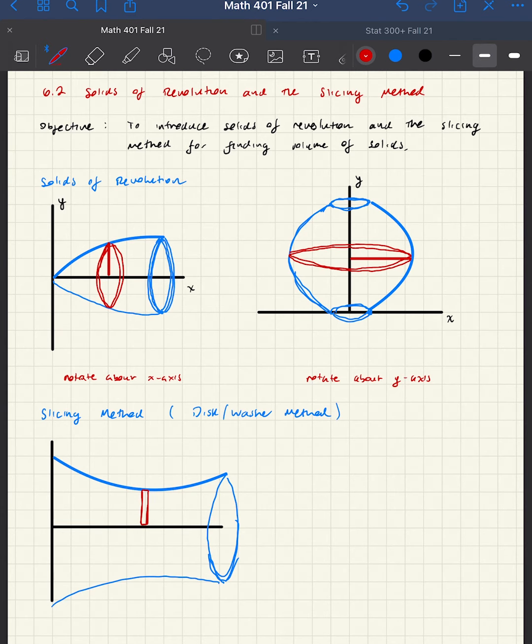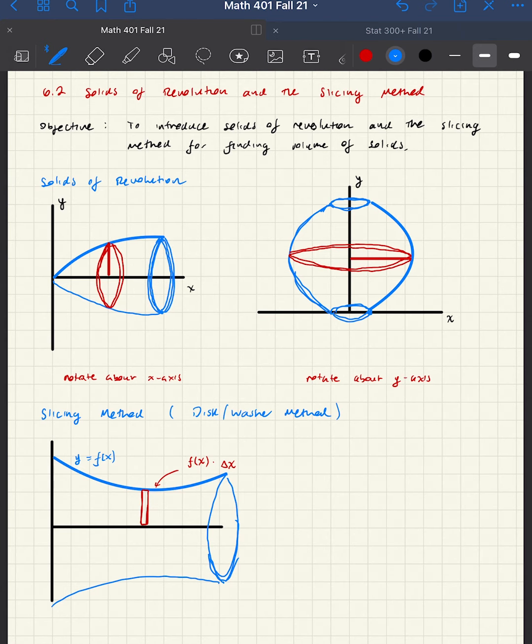But here, then, our infinitesimal rectangle has an area of f of x times delta x. And we're using this if we assume that y equals f of x. So that's the curve equation or function that determines the curve.